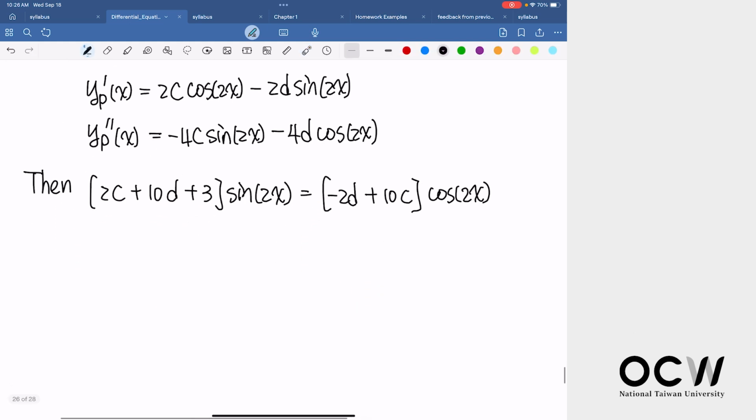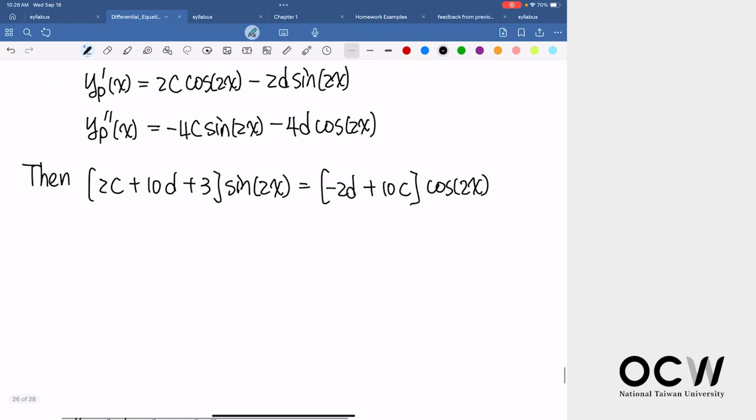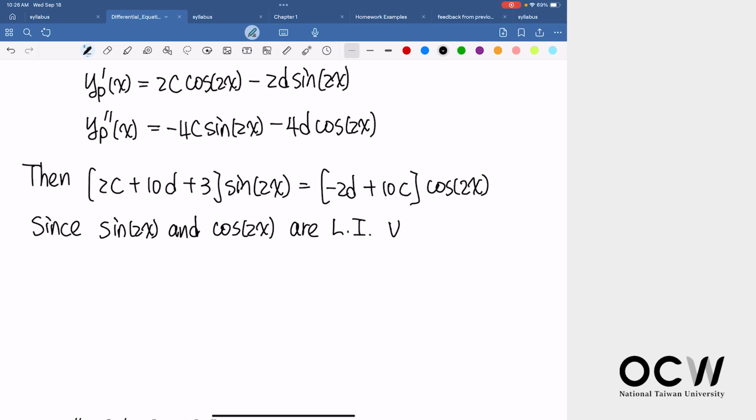So since sine 2x and cosine 2x are linearly independent for all x, then 2c plus 10d plus 3 is 0.